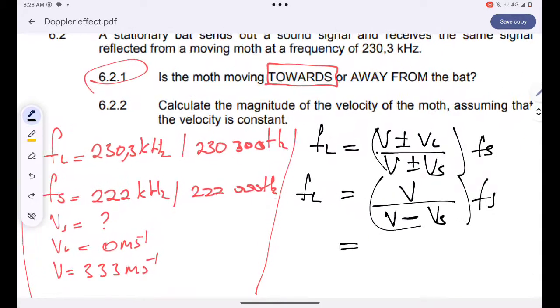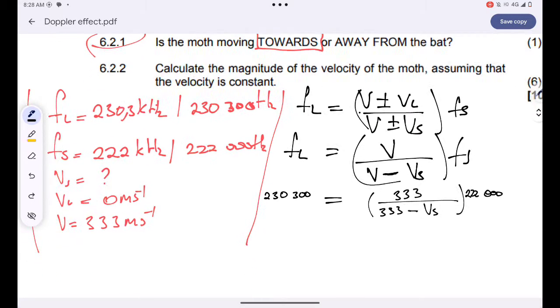So the frequency of the listener is simply 230,300 hertz, and then the velocity of sound, 333, minus Vs, times 222,000 hertz.